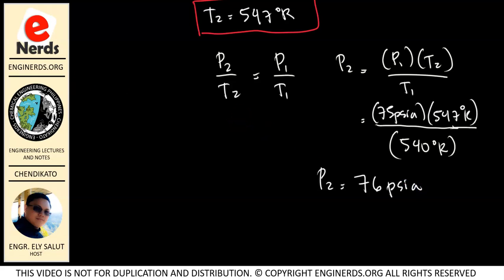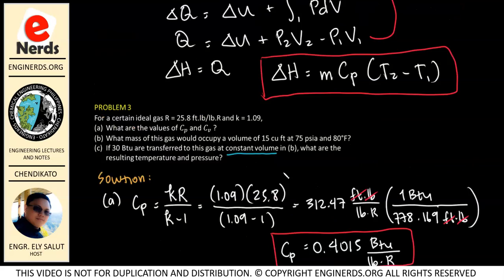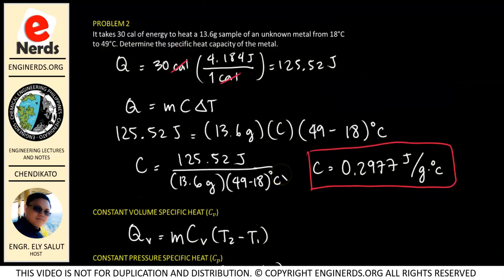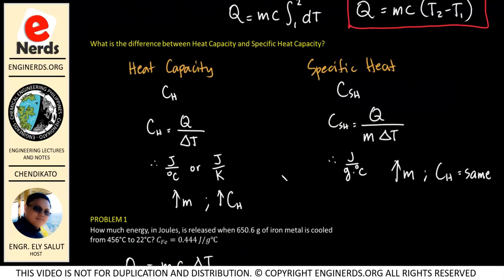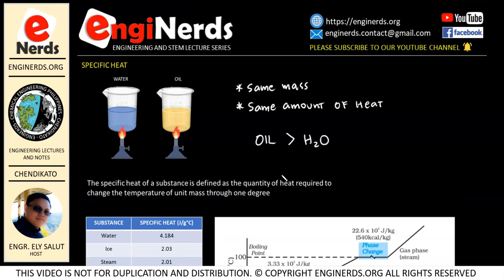This is our final answer here. As you can see, we have answered all of our requirements in problem 3. We already discussed what we need to remember in dealing with and studying specific heat for thermodynamics and physical chemistry. I hope you learned a lot from our topic for today. Thank you very much and have a nice day.